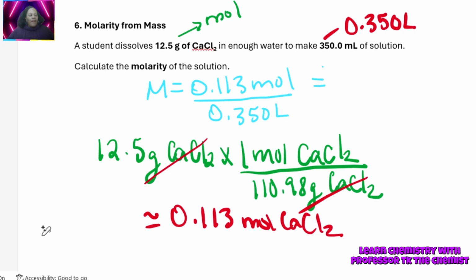So 0.113 divided by 0.350 gives us 0.323, and the big M for molarity.